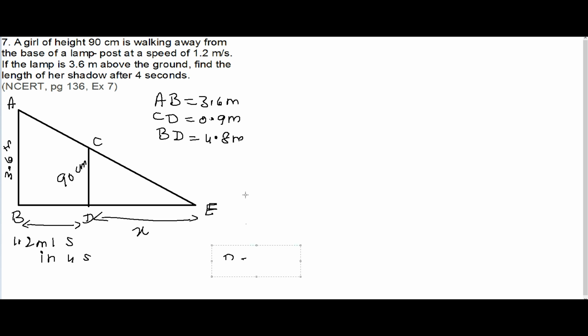So, what all do we take here? We take the bigger triangle, that is triangle ABE, and triangle CDE. In both the cases, the height of the lamp post will always be perpendicular. A girl standing is also perpendicular.